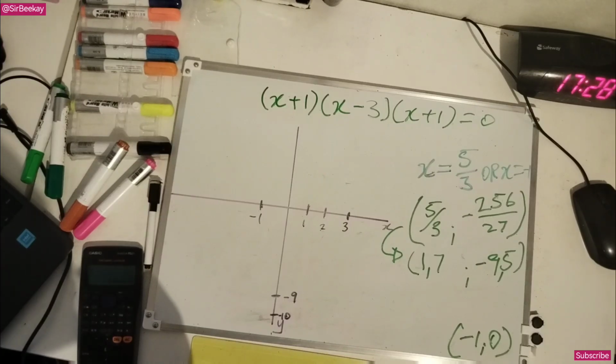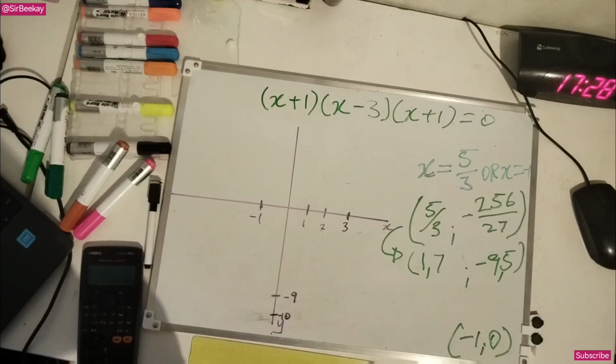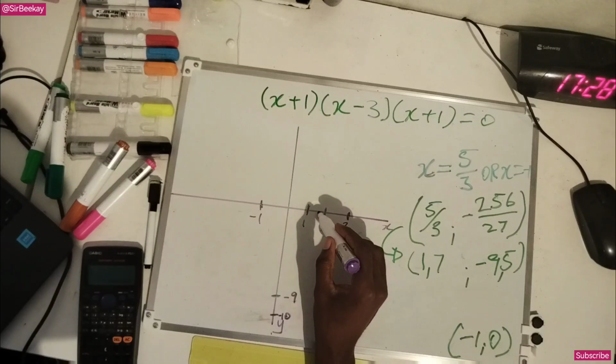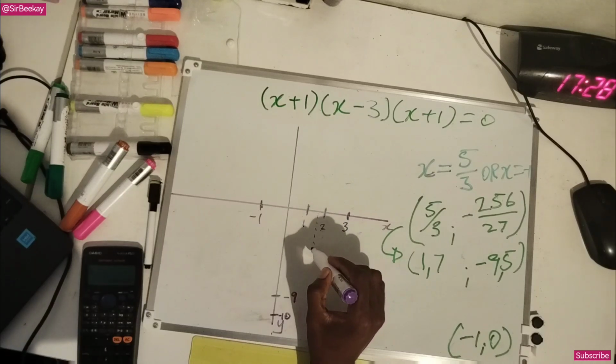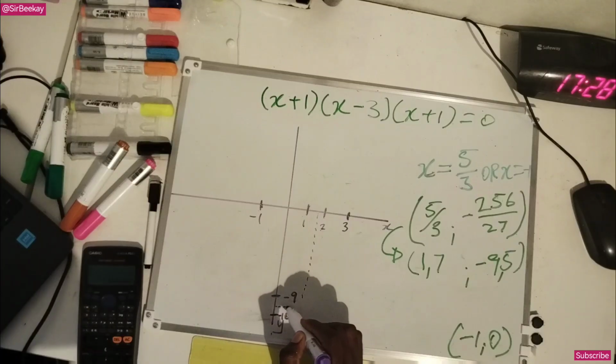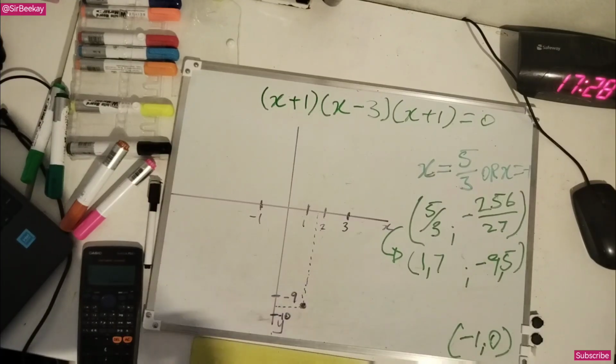And then you're going to have something of this nature. 1.7 is 9.4.